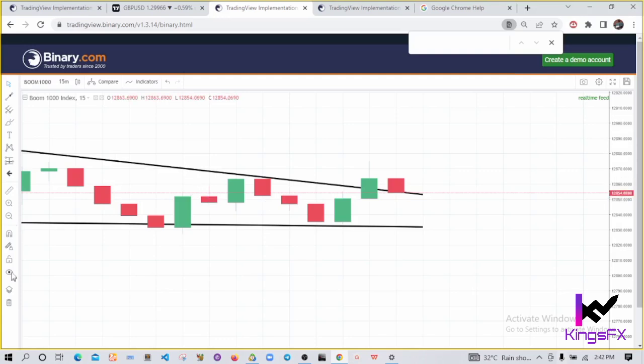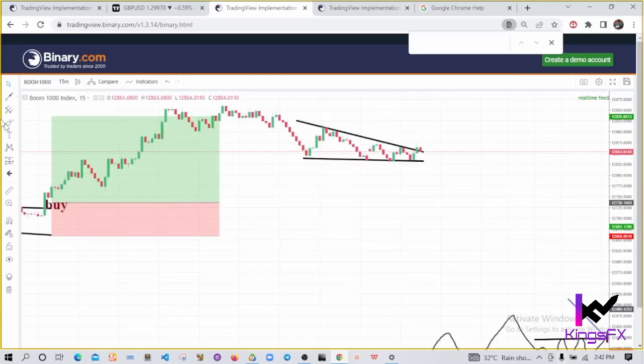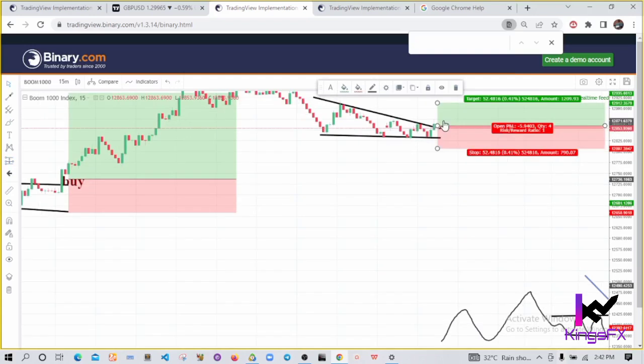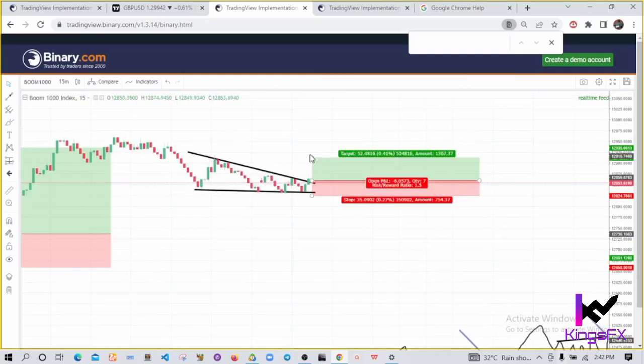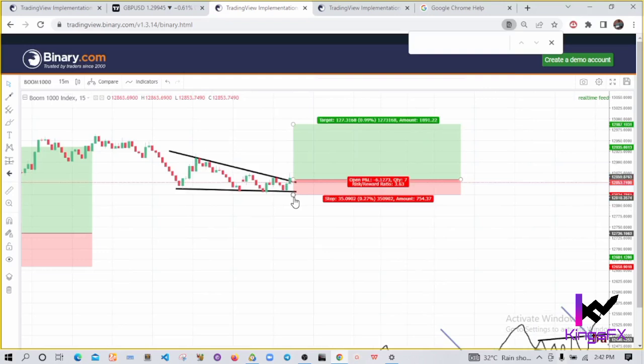So let me go back. All we need to do now is to pick and drop. Remember our stop loss level below the support. Take profit should be times 2 our stop loss, right?